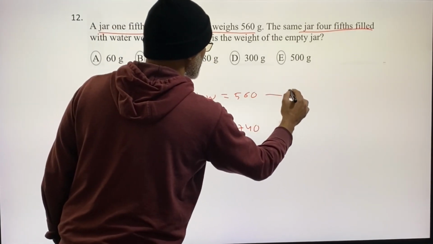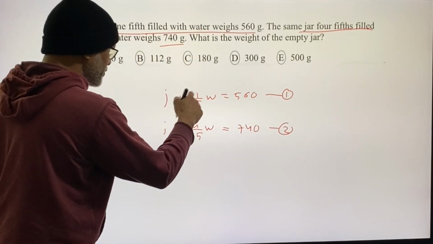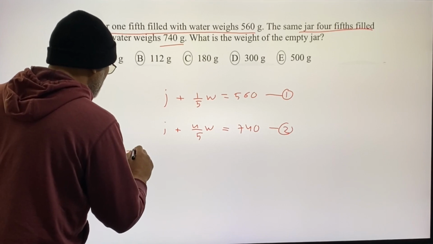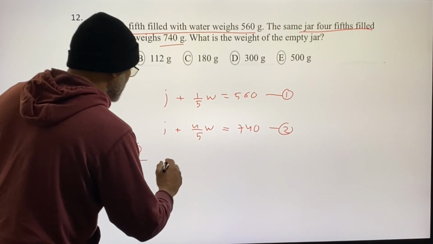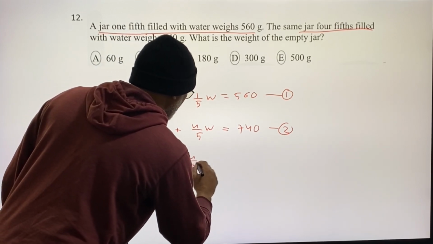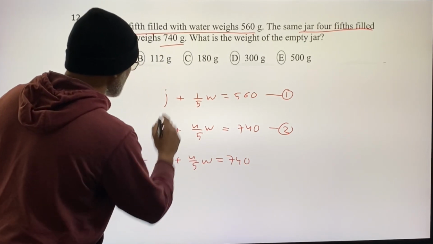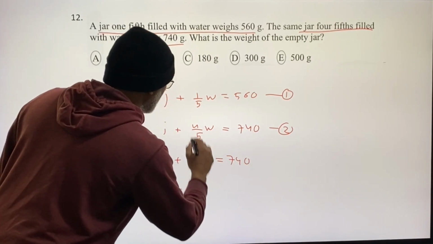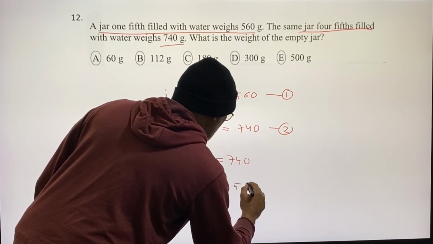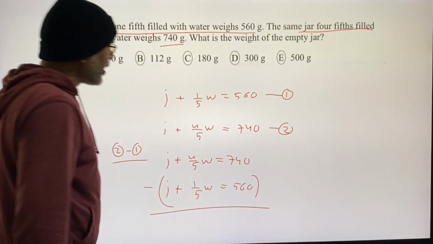Okay, so this is equation 1, this is equation 2. If I subtract 1 from 2, so this again, J plus 4/5 W is equal to 740, and then I want to subtract J plus 1/5 W is equal to 560. I want to subtract this whole equation.